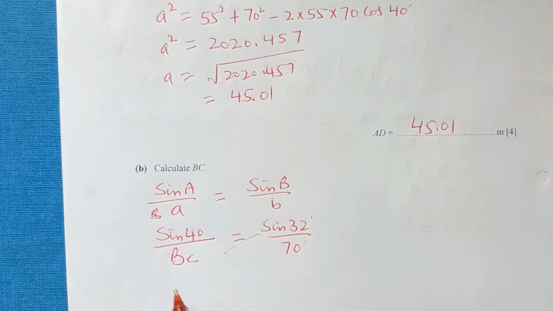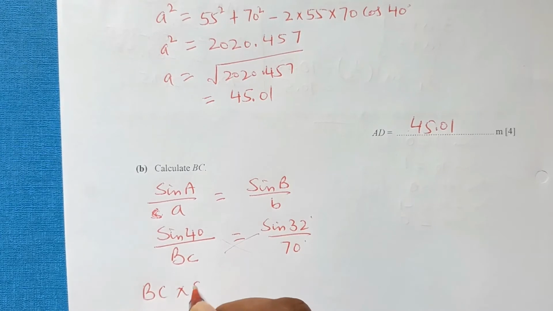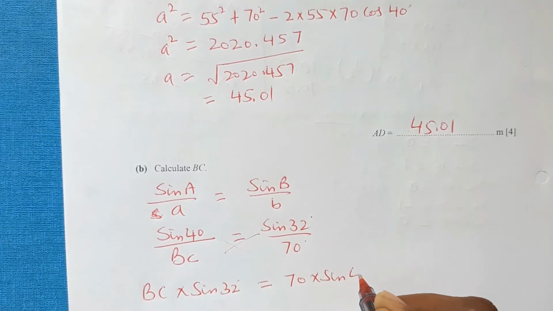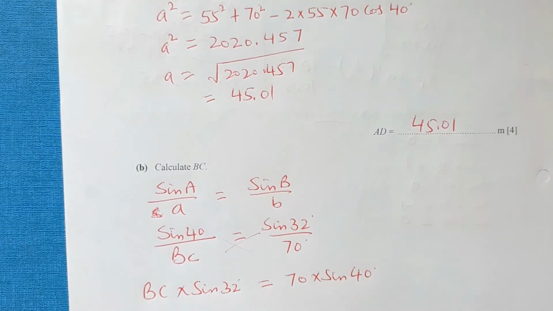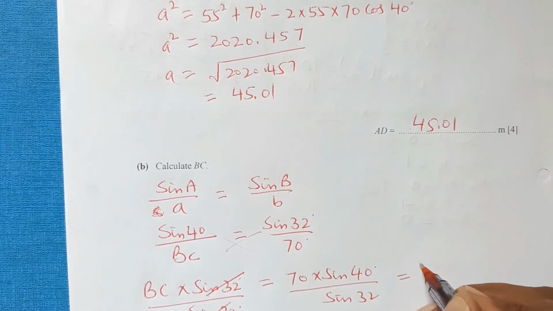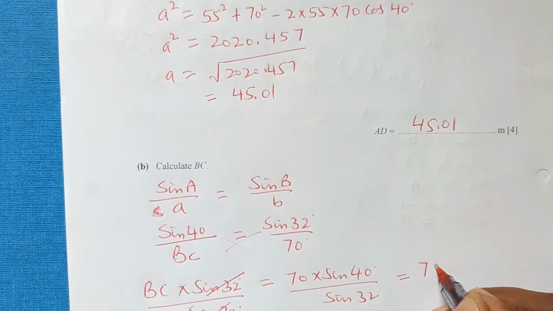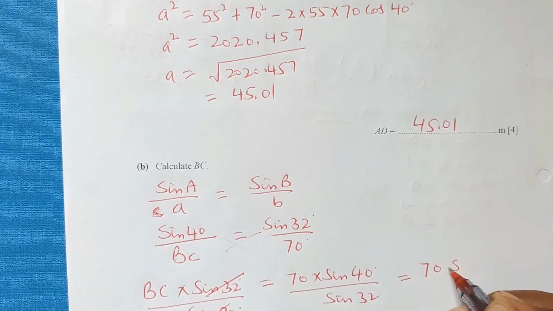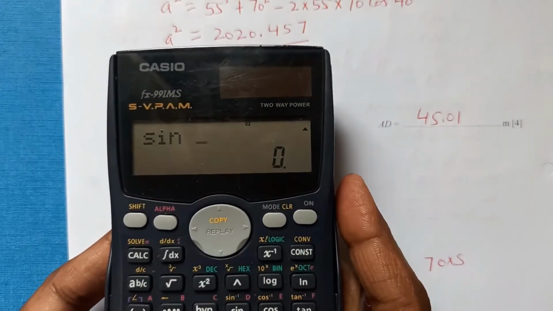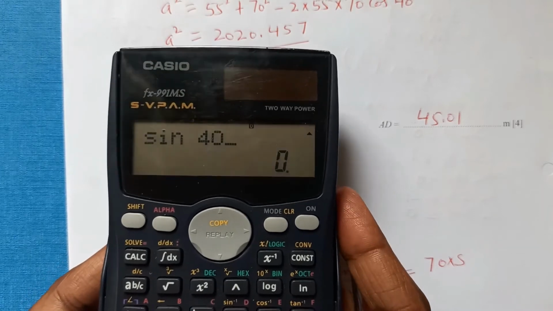So cross multiply, you will get BC times sine 32 equals 70 times sine 40 degrees. So divide by sine 32, divide by sine 32. So this and this is gone. So we have 70 sine 40 degrees.